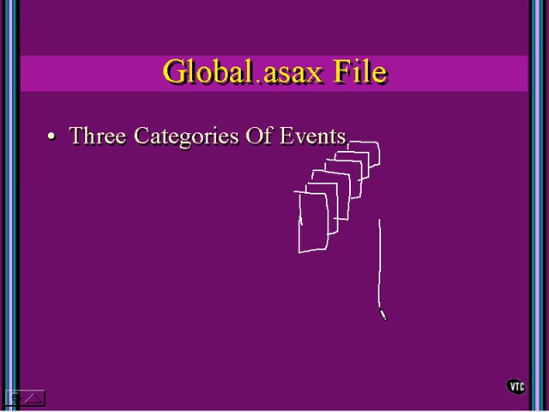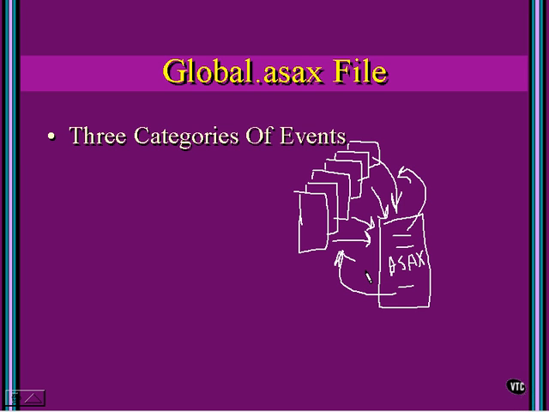There is one Global.asax file out here, and any of these pages can see this Global.asax page. Not only that, but this ASAX page has events that get fired that we can cause to do things to these pages. So this is our one-stop shop for all kinds of issues and situations that need to be handled.